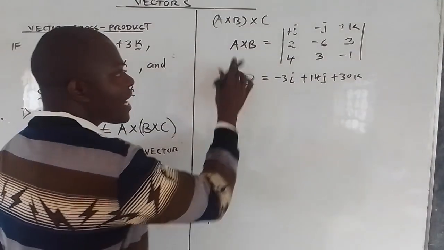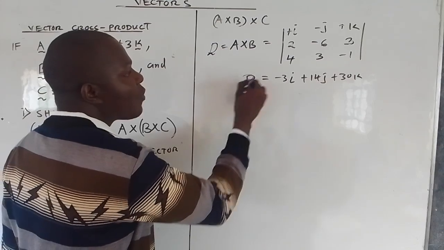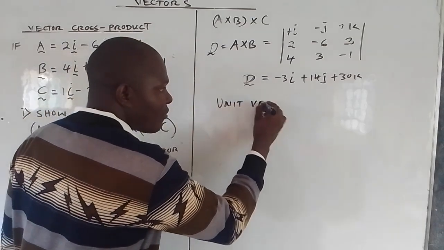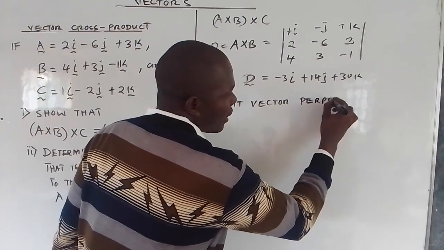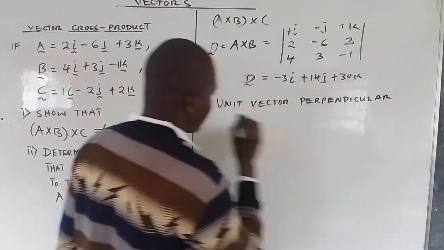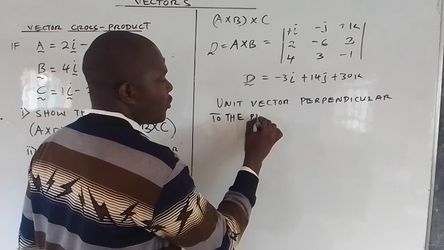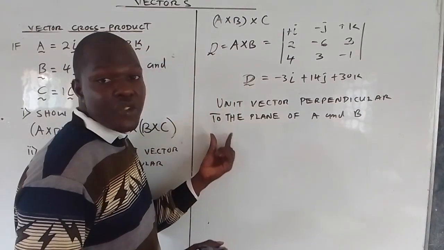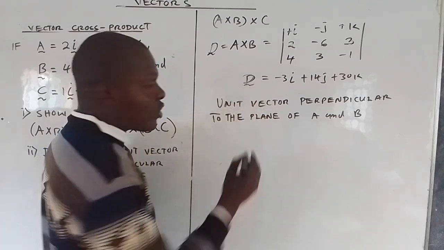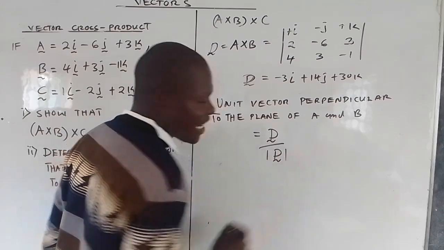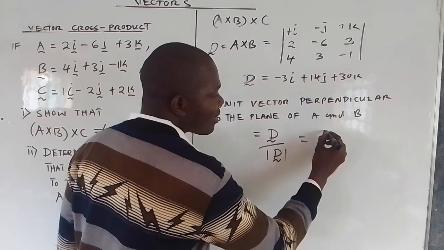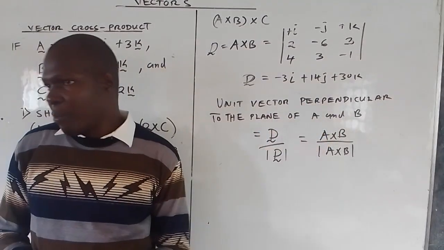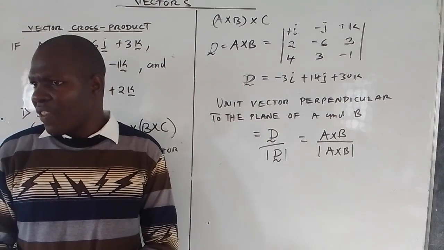If you let this A cross B be vector D, then the unit vector perpendicular to the plane of A and B is going to be vector D over the magnitude of vector D. And this vector D is the cross product, meaning it is A cross B over the magnitude of A cross B. Then you found a unit vector perpendicular to the plane of A and B, a vector in another plane, the vector cross product. Are we together? So you just do the substitution.